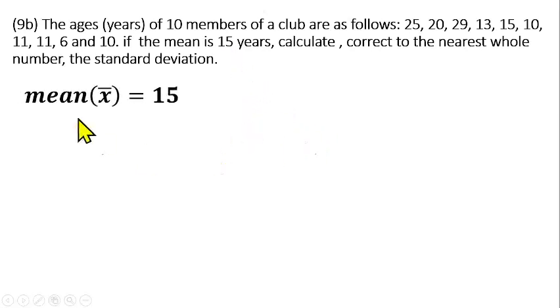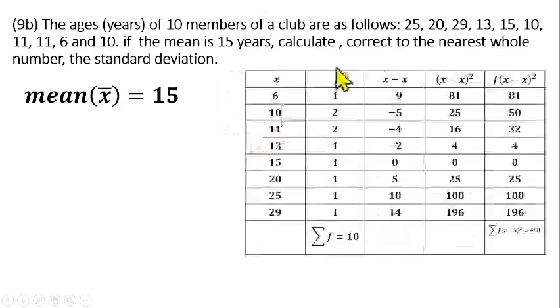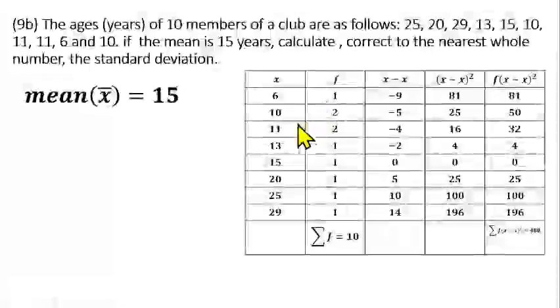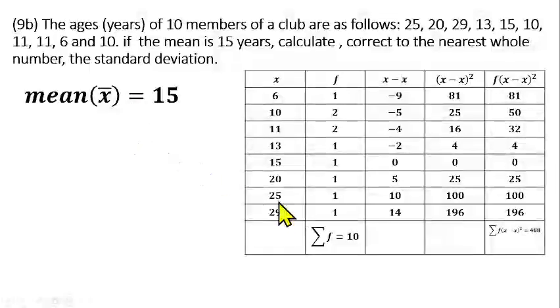So the mean, which is x bar, is 15, and if you want to find the standard deviation, it is the square root of the summation of f multiplied by (x minus x bar) squared, over the summation of f. But why are we having f here? Because some of the values are repeated, so that's why we have a frequency.